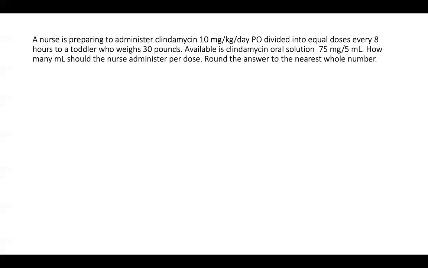Okay, step 1, what are we looking for? The question says, how many milliliters should the nurse administer per dose? So we're looking for milliliters per dose. Okay, step 2 is to build our box. And in our box goes our order, which is right here, 10 milligrams per kilogram per day.